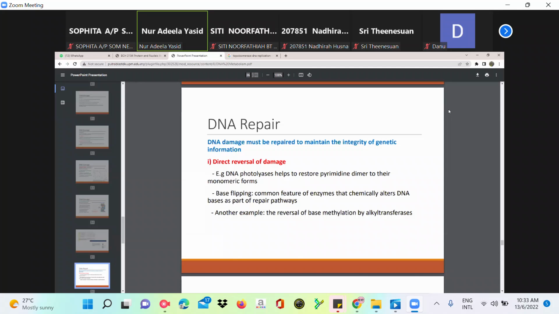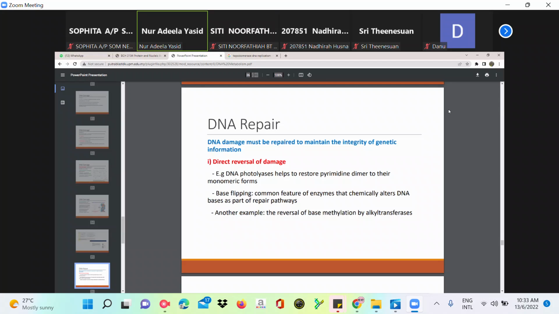So how can DNA damage be repaired? One method is direct reversal of the damage. For example, the enzyme DNA photolyase helps to restore pyrimidine dimers to their monomeric forms.